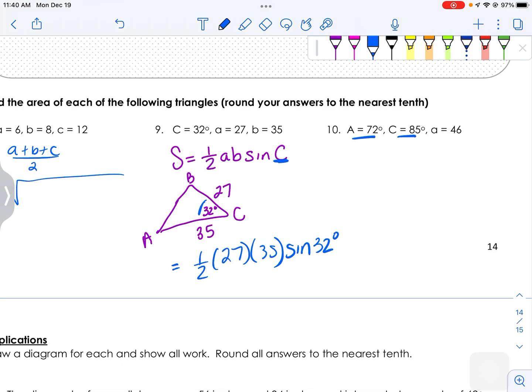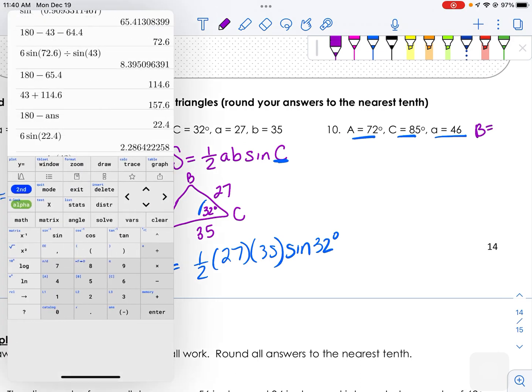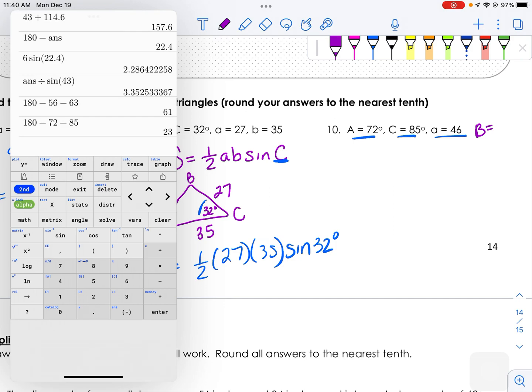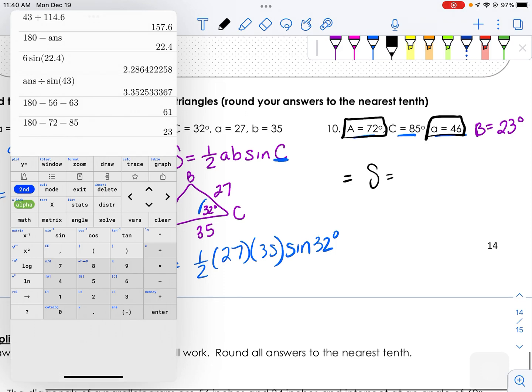Okay, so here you're given two angles and a side. You can find the third angle by subtracting the first two from 180. So 180 minus 72 minus 85 is 23 degrees. Then notice that you're given angle A and side A. When you're plugging into the formula for area, you use the formula that has the squared and the two sines, and you match these A's up.